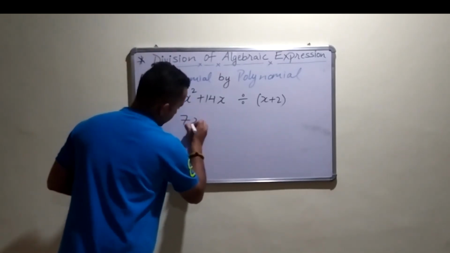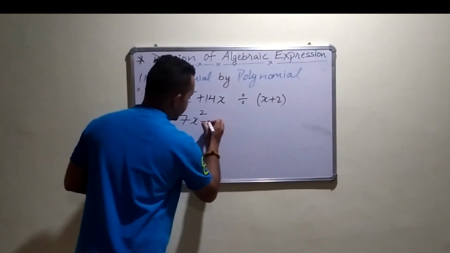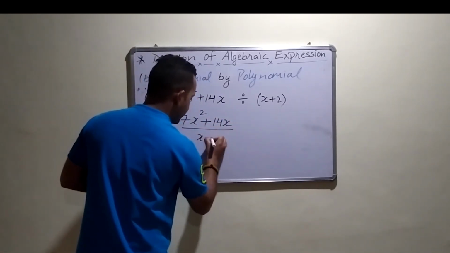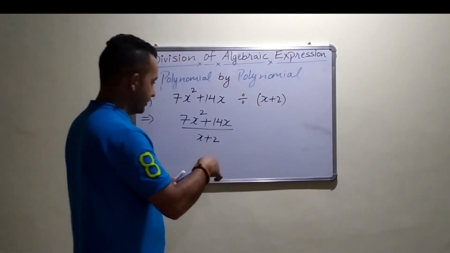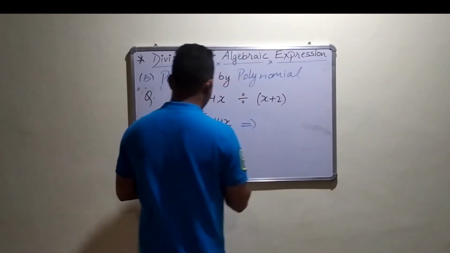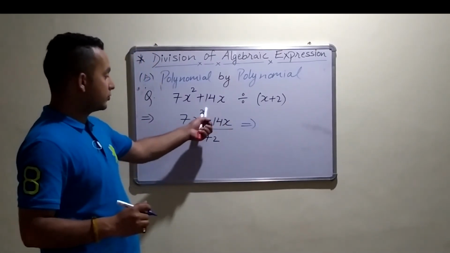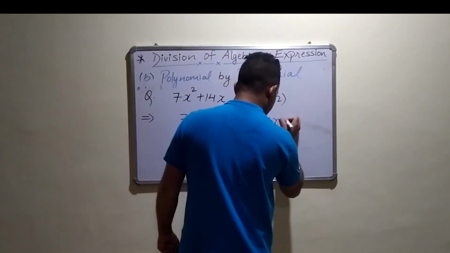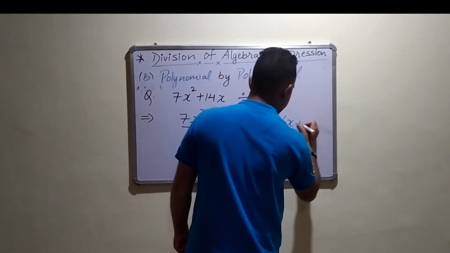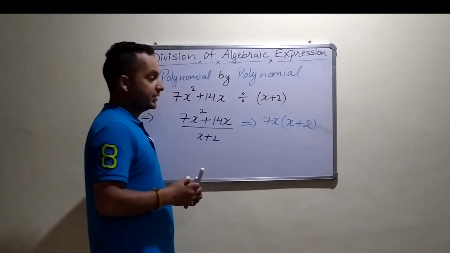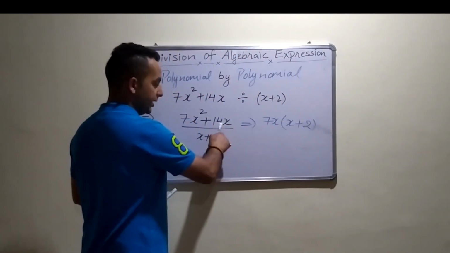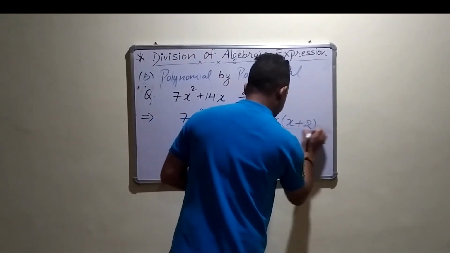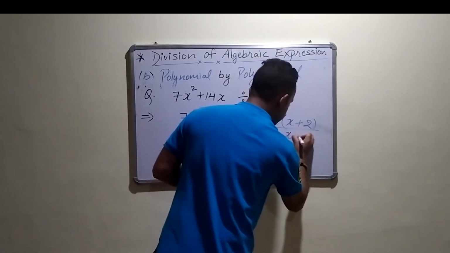You can write it with the help of the factorization method. 7x squared plus 14x divided by x plus 2. Now you can express this or regroup this. In 7x squared and 14x, what is common? 7x is common, and then you can write x plus 2, since 7x multiplied with the number 2 is 14x, and 7x multiplied with x is 7x squared, and x plus 2 as it is.